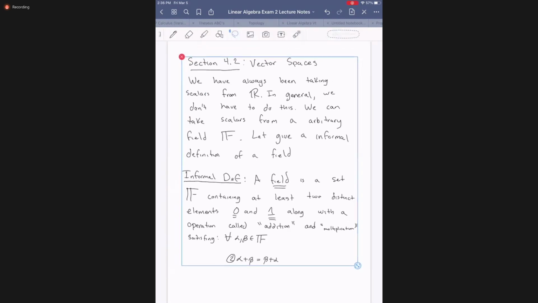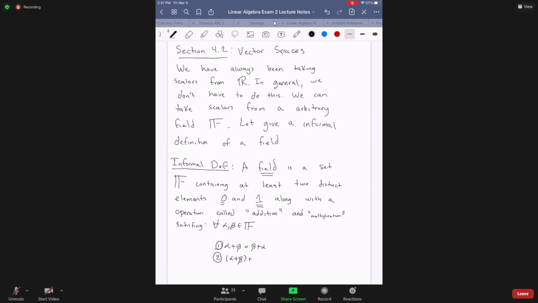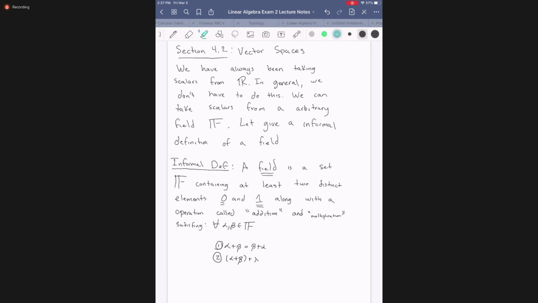Size. And I started at 2, so that should be a 1. The stuff that is in this field also has an associative property. I should probably put one more thing here.